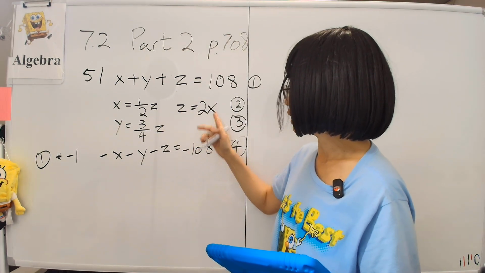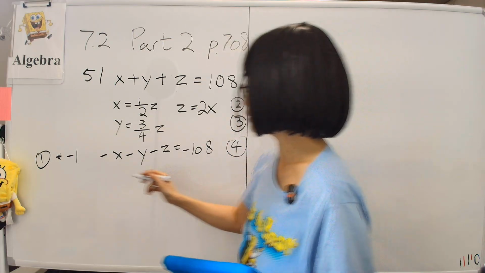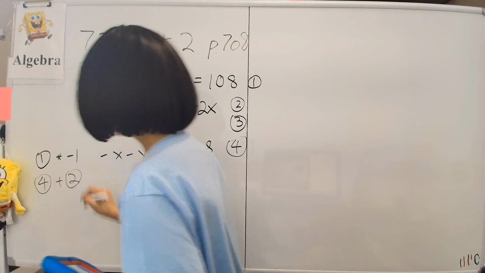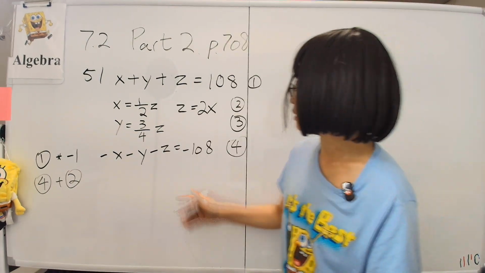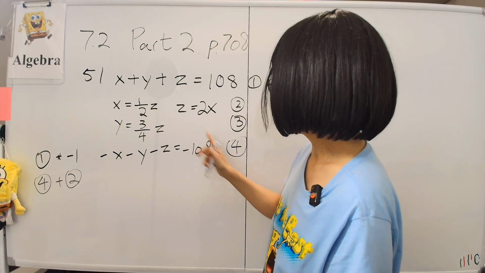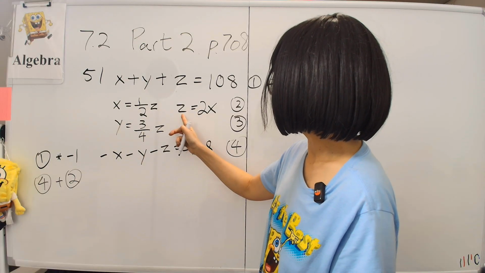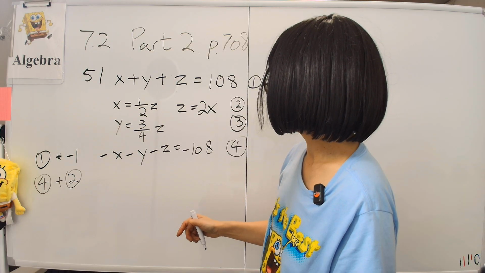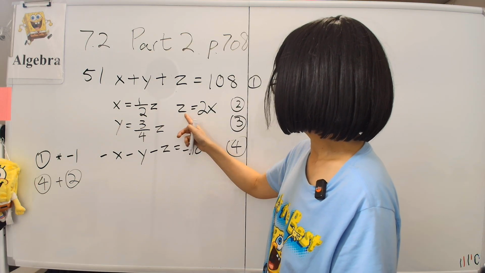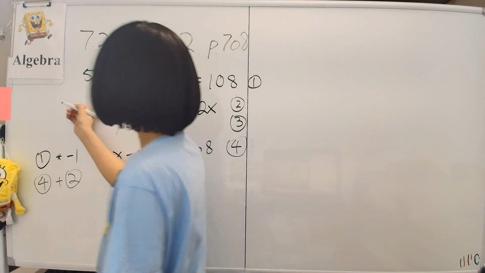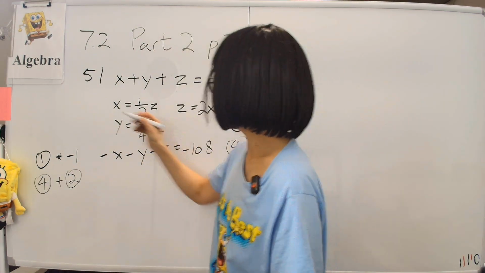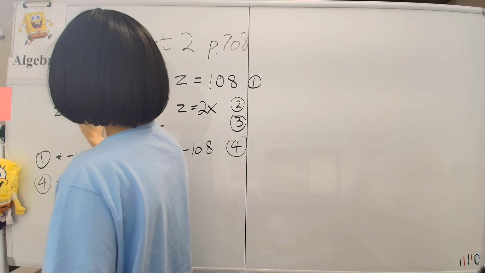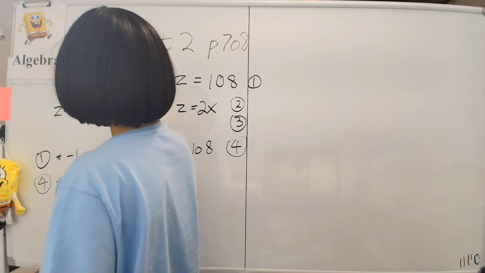Now let's add equation 4 to equation 2. We can also write z minus 2x equal to 0.